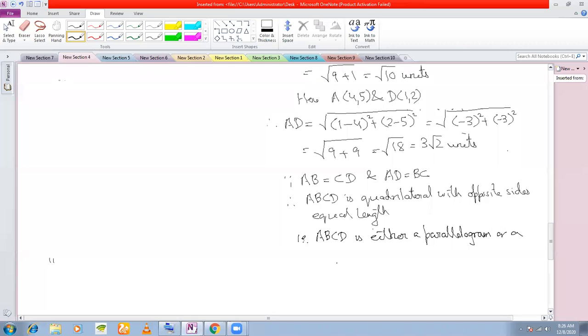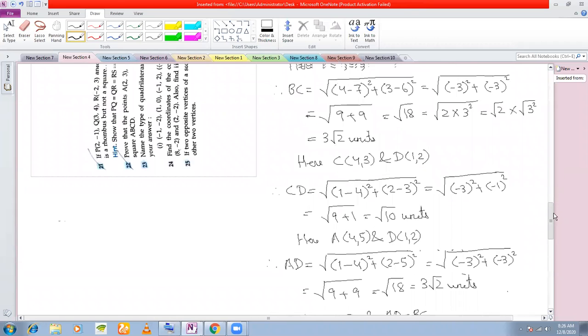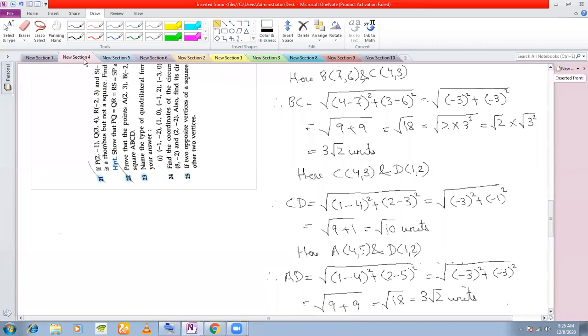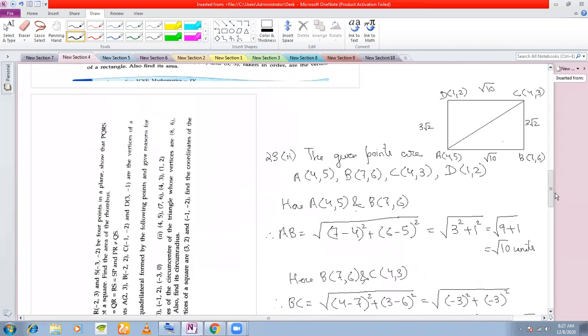We now proceed to calculate the length of the diagonals. First diagonal is the diagonal AC. The coordinates of A are (4,5) and C is (4,3).